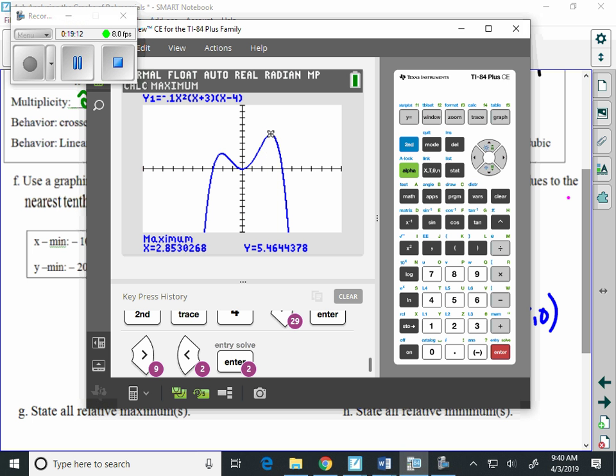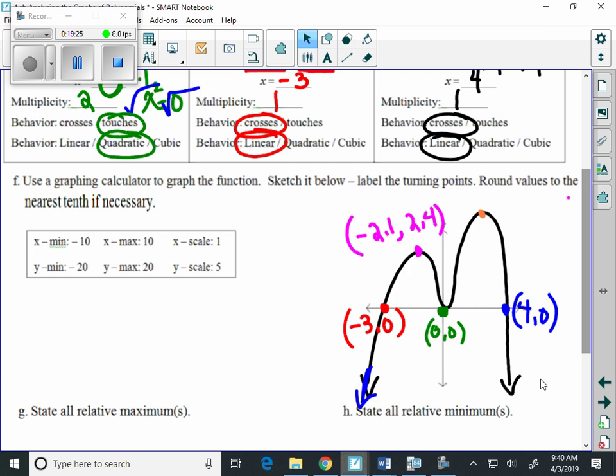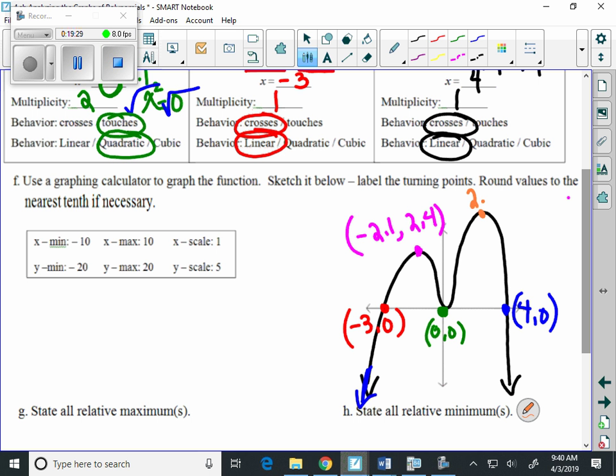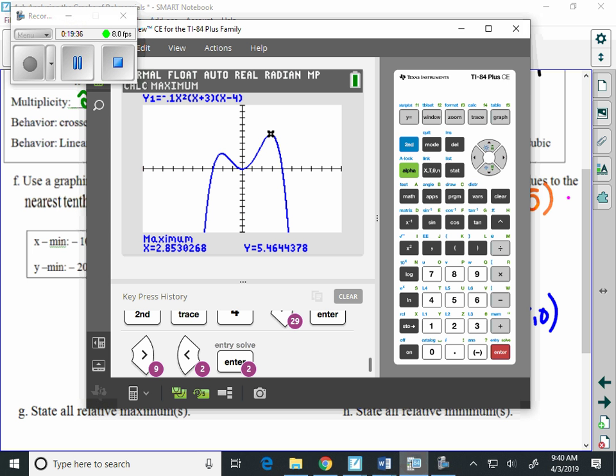And then enter. We get 2.85, so I'm going to round that to 2.9. And 5.46, so I'm going to round that to 5.5, because it says round to the nearest tenth. So 2.9, 5.5. Check that one more time. 2.9, 5.5.